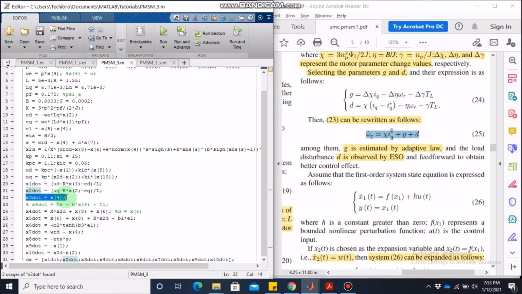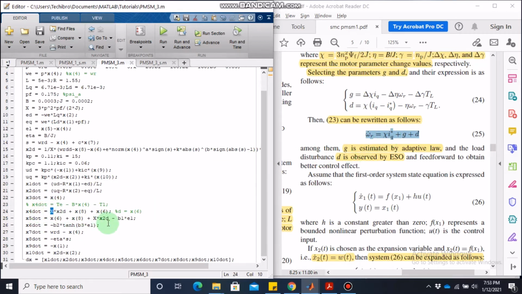X3 is the rotational angle in our code, and x3 dot equal to x4 simply means that theta dot is equal to omega, and omega dot is equal to X times the desirable value of iq, and this X is capital X in my code.